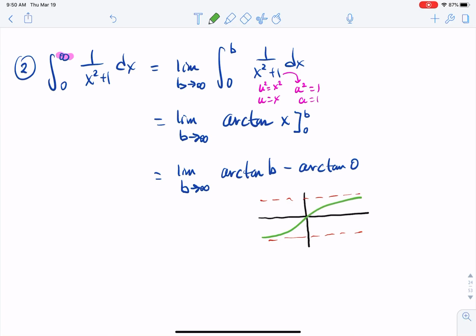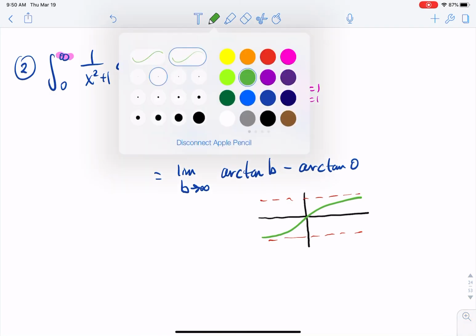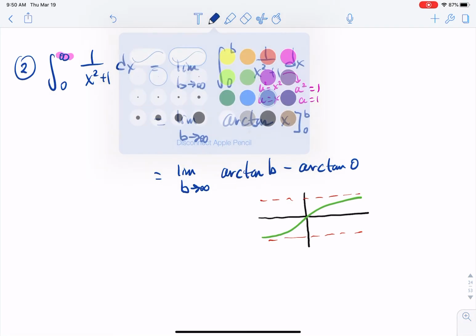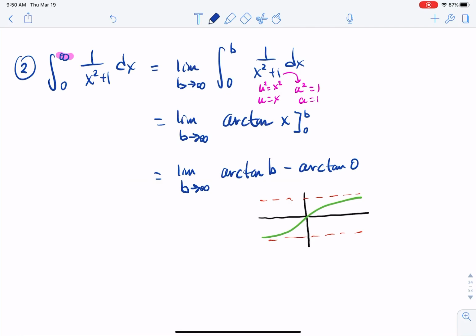All right, so for this first part, where it says the limit as b goes to infinity of the arctangent of b, b is going towards infinity. That's this part that's over here. We're going towards infinity. And what the heck is the green graph doing? Well, this top asymptote here is pi over 2.